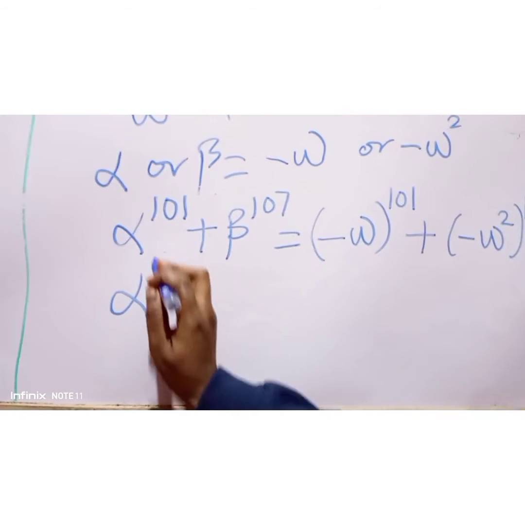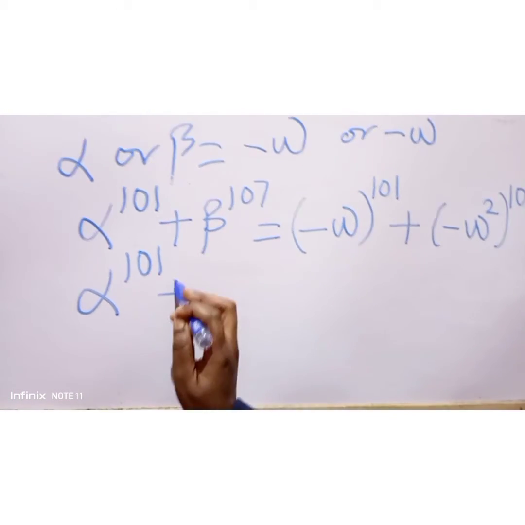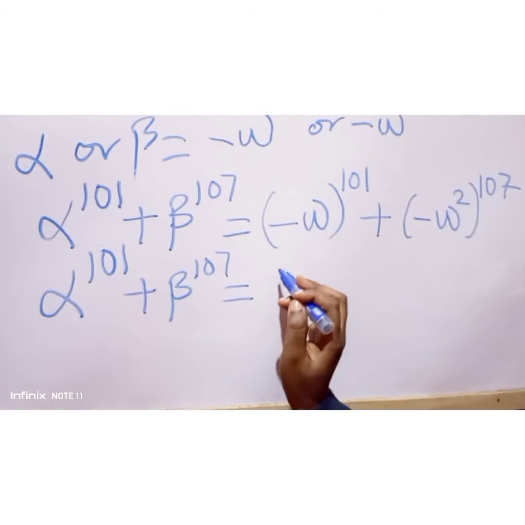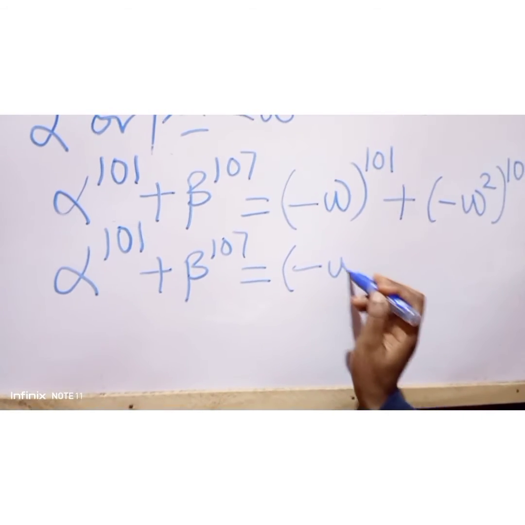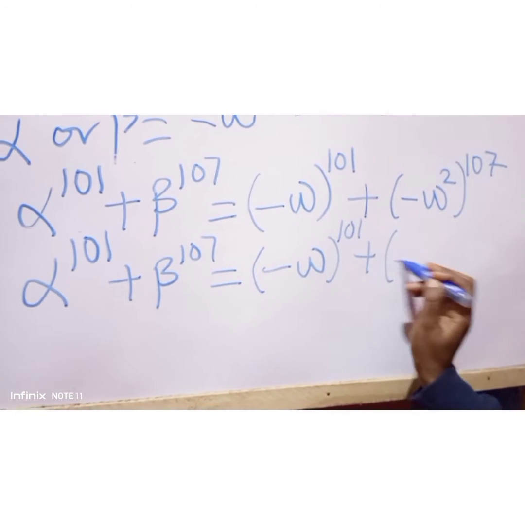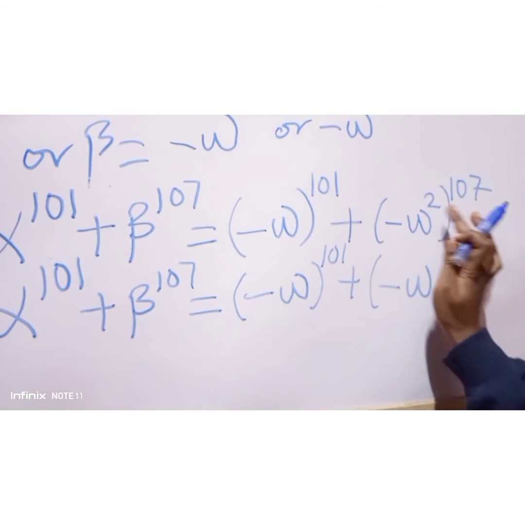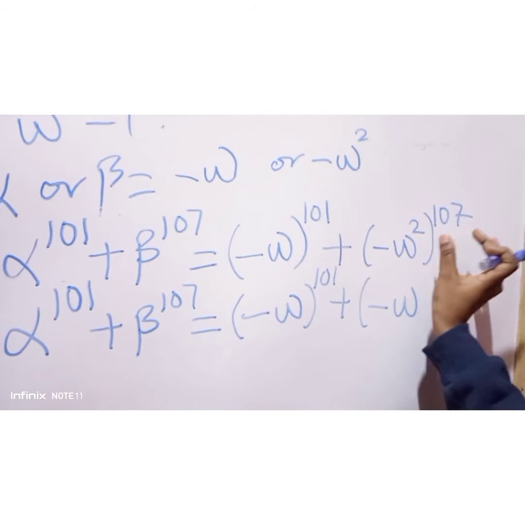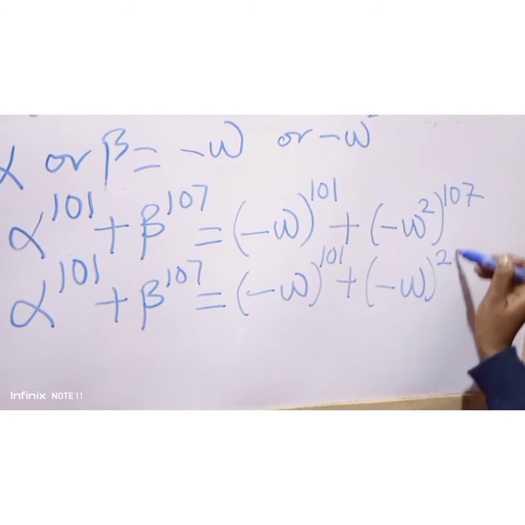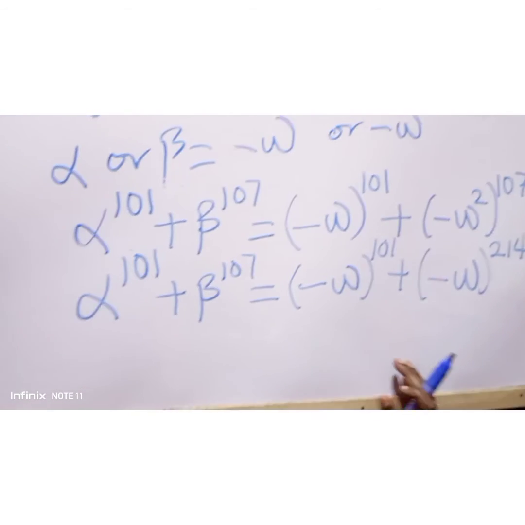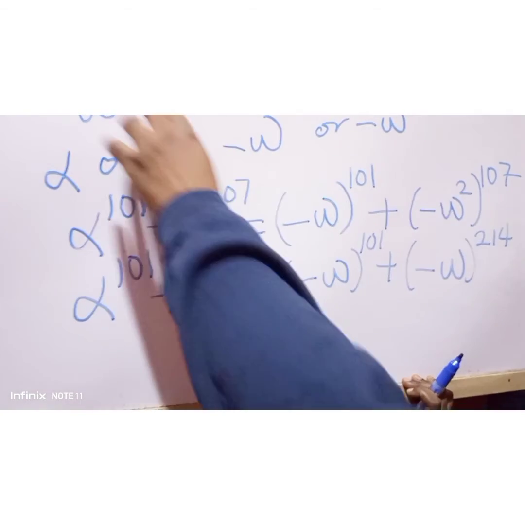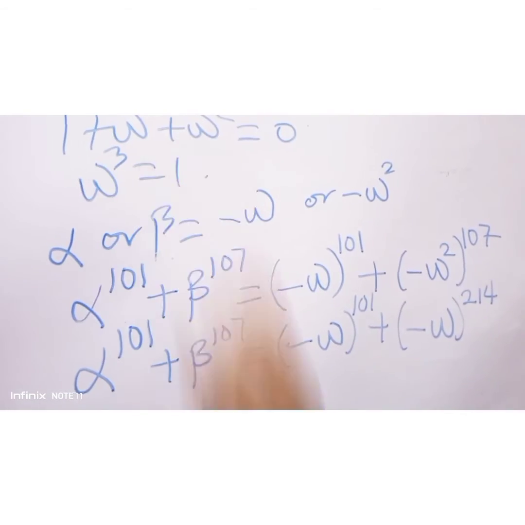So it becomes minus omega raised to the power of 101, then plus minus omega raised to the power of 2 multiplied by 107. These exponents, we can multiply them together. So 2 multiplied by 107 gives 214.